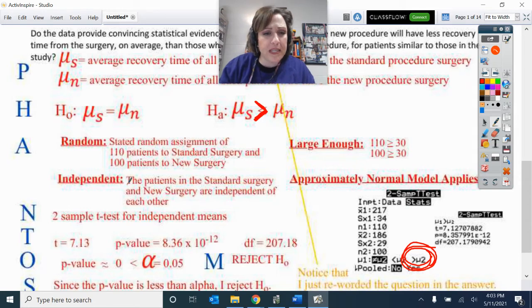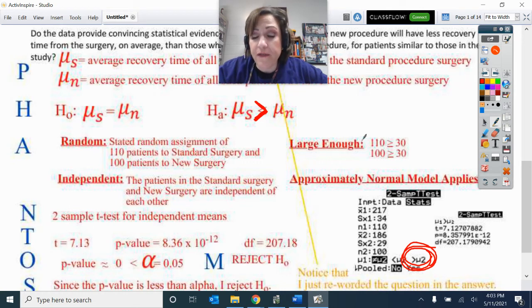And 100 is less than 10% of all patients ever who could do the new surgery. It's kind of weird. So it doesn't make sense for experiments if you are not randomly selecting. All right, but it is important that here you say the patients in the standard surgery and the new surgery are independent of each other. That was key.